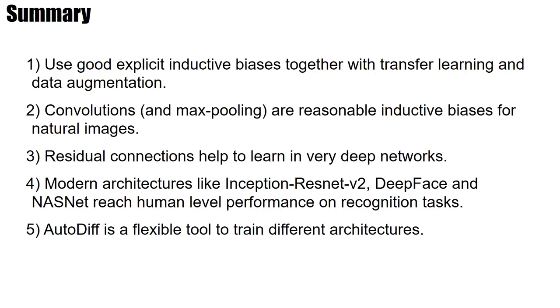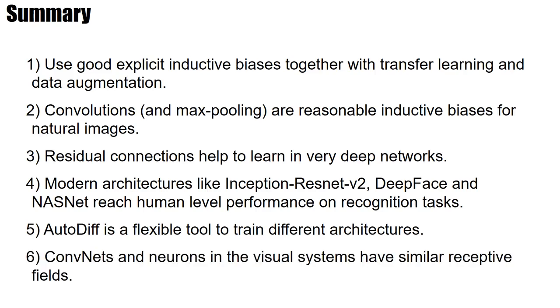It's the idea of backprop, but generalized so that it works through max pooling layers, that it works through residual connections, and that it also works through recurrent connections. And finally, in this video, I wanted to point out that convolutional neural networks and neurons in the visual system of real brains have similar response properties, and these response properties are also called receptive fields in the neurosciences.